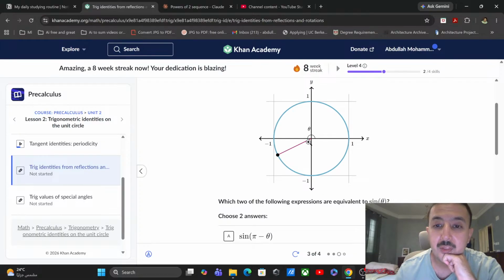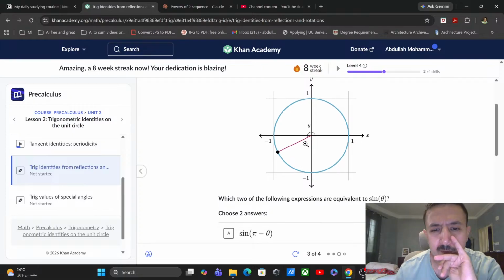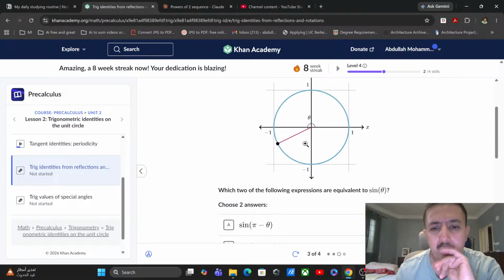So the sine theta here is actually the y, and the y here is minus. So it's going to be minus. Okay? So minus theta. But it's in quarter 3.